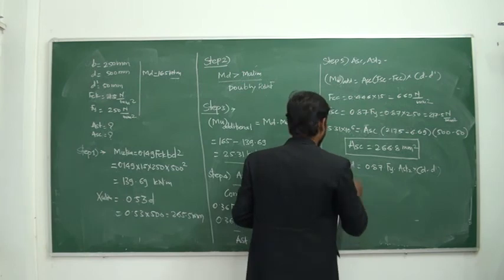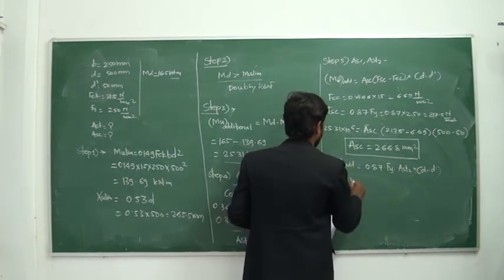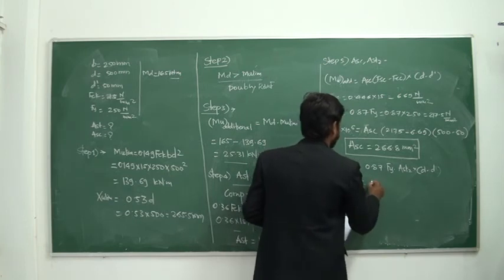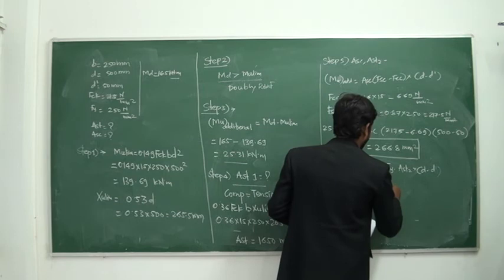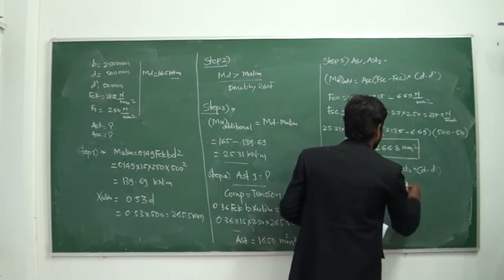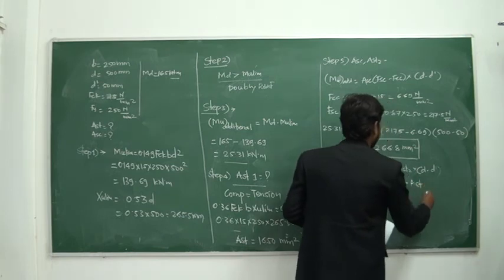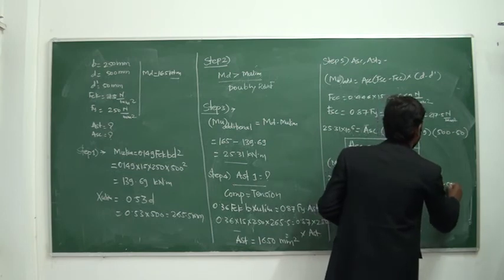Okay. So now substitute here 25.3 into 10 raised to 6, 0.87 into Fy is 250, AST we have to calculate, and D minus D dash, 500 minus 50.